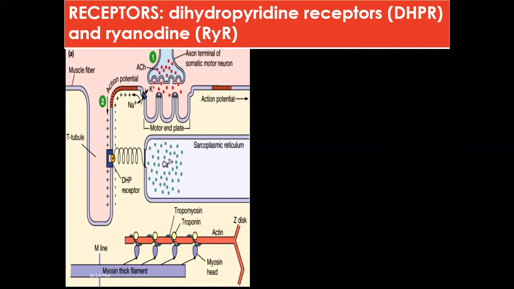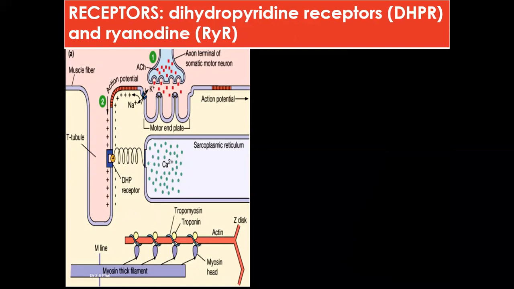In skeletal muscle cells, on the sarcoplasmic reticulum, we have the ryanodine receptors, which are also channels that can allow movement of calcium. The sarcoplasmic reticulum is a cell organelle that can store a lot of calcium. The concentration of calcium in the sarcoplasm is almost zero. Remember, 0.0001.